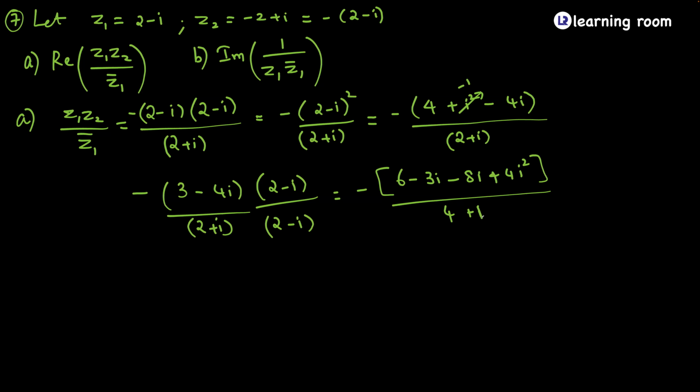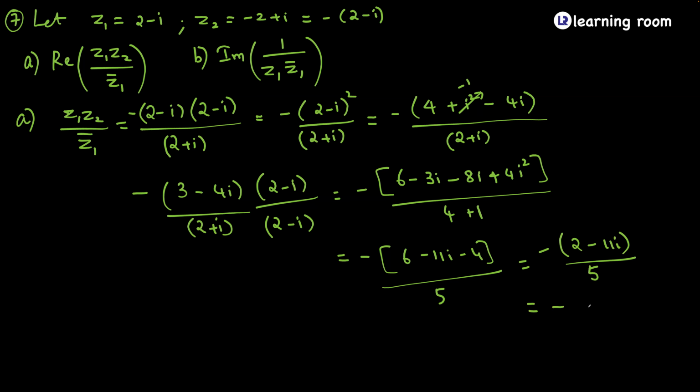So how much will you get? So it is negative of 6 minus 11i. 4i square is minus 4. The whole divided by 5. So what will you get? 6 minus 4, 2. So minus of 2 minus 11i, the whole divided by 5, which will be minus 2 plus 11i by 5.